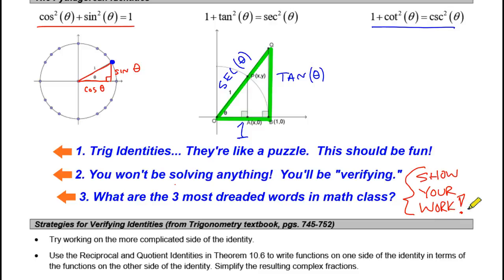The 3 most dreaded words in math class, and unfortunately for you, that's really all there is to these problems, showing your work. There's no final answer, there's no number answer. You have to show work to get from point A to point B, and I'm going to provide you some strategies to do that.